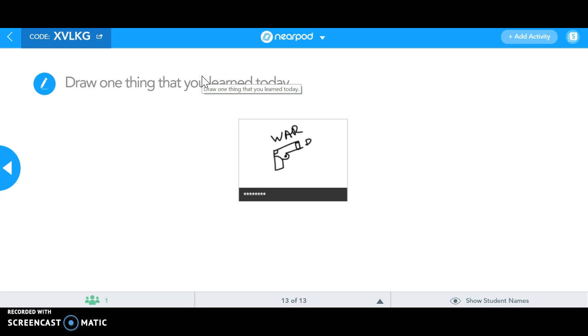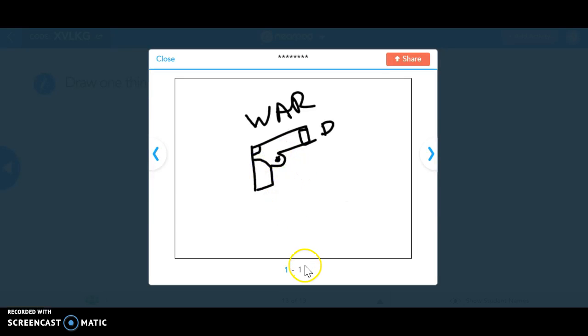Oh, it just is popping up now. You learned about war, and I see that you drew a gun here. That's very impressive. So here I am showing Bob's drawing that he put in, and he chose to draw a gun. I think that was to symbolize World War II. Am I correct? Yes. Okay, that was excellent. What are you seeing on your screen? You're drawing. Wonderful.